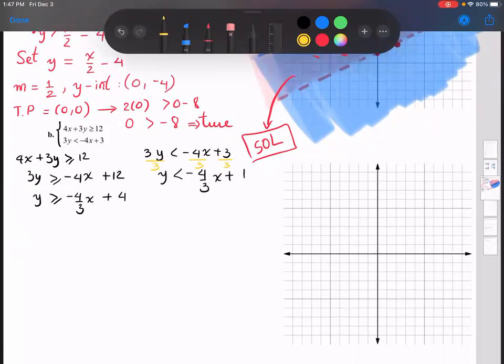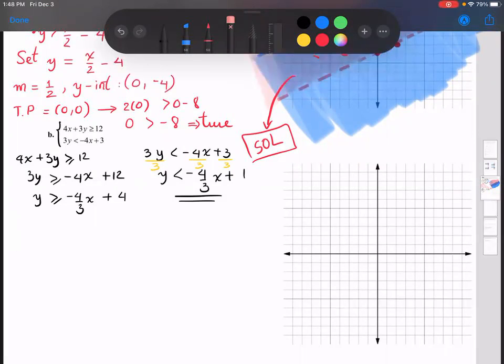Okay, let me rewrite my system of inequalities. I got y greater than or equal to negative 4/3 x plus 4, and y less than negative 4/3 x plus 1. Can I leave it like that? I don't have to rewrite it.